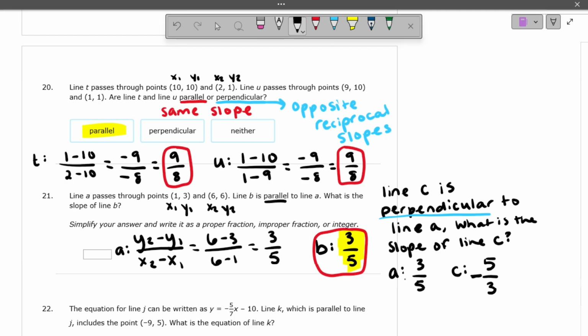So if this is a positive 3 over 5, that now means that our perpendicular line would be a negative 5 over 3. So they're complete opposites of each other. See? We flip the fraction, change the sign. So that is what this little part 2 of question 21 is.